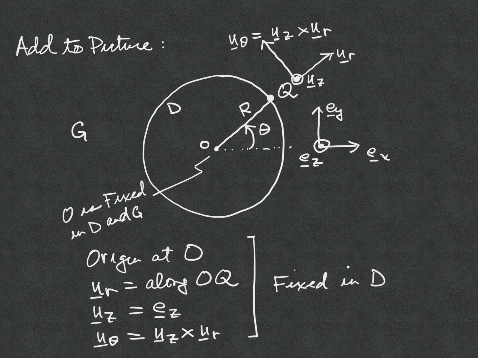So now you can see that when I do it this way, I can express the position of Q relative to O much more easily than I could have when I used the basis that was fixed in the ground. So let's do that now.